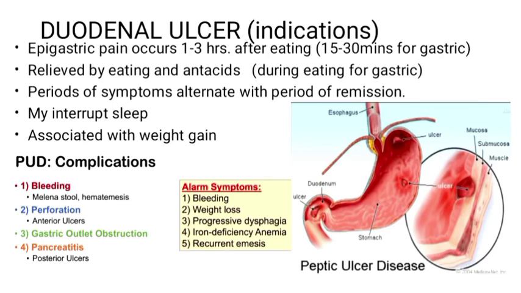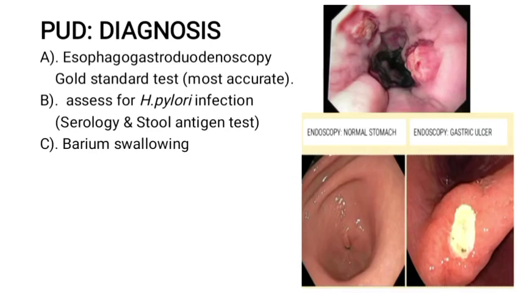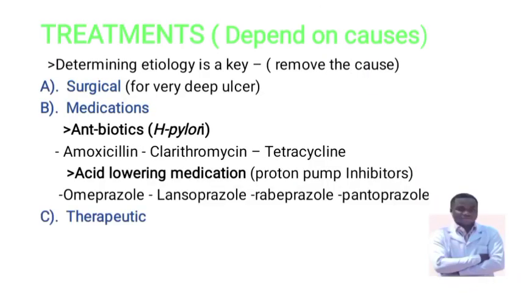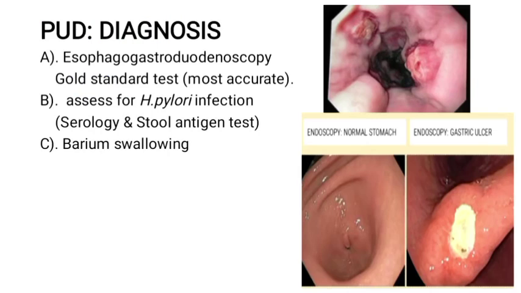The first, we have bleeding, perforation, gastric outlet obstruction, and pancreatitis. For diagnosis, we have esophagogastroduodenoscopy, which is the gold standard.